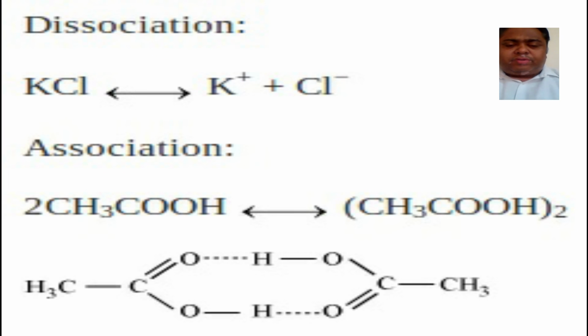So in case of such solutes which can undergo association or dissociation, we use the Van 't Hoff factor to rectify these equations of colligative properties. The Van 't Hoff factor is denoted by i, which is equal to observed colligative property divided by calculated colligative property, or observed molecular mass divided by calculated molecular mass.